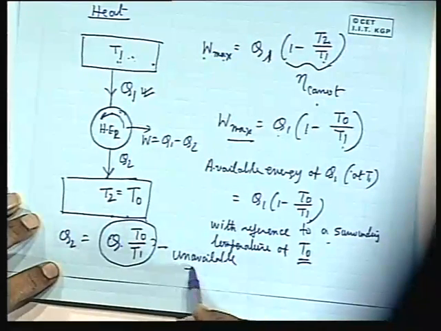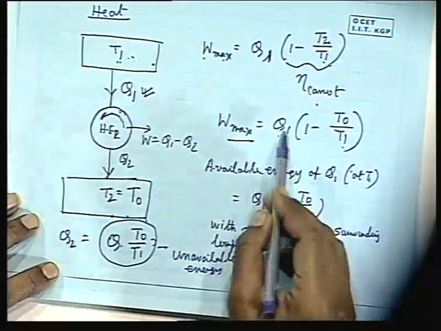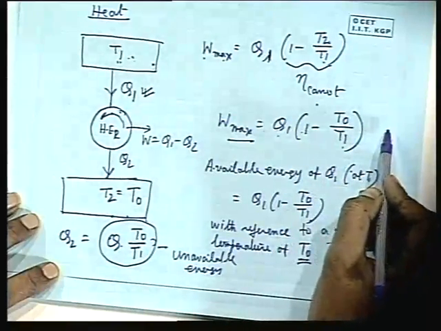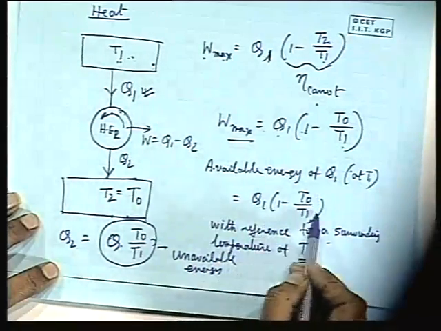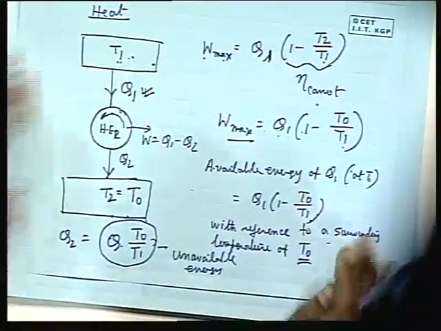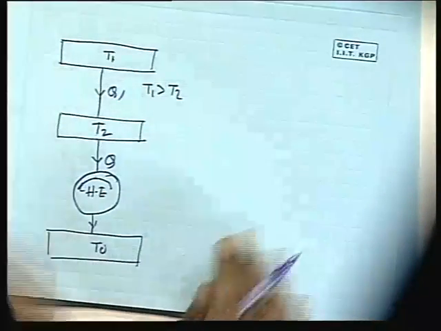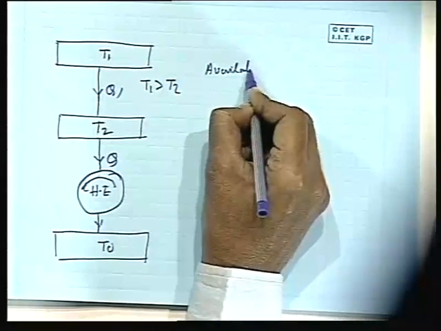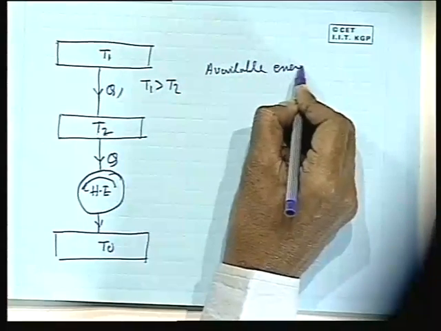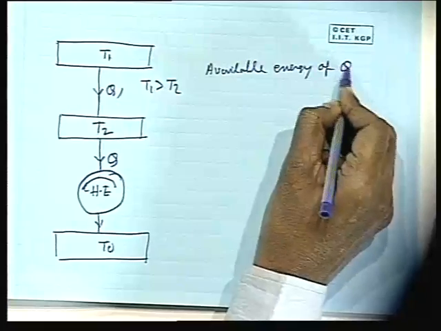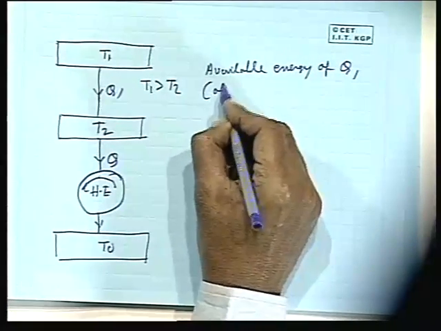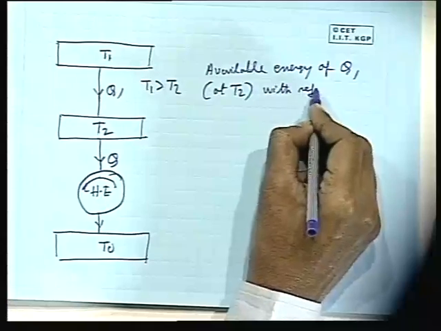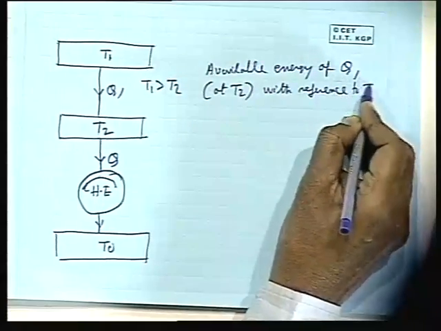So therefore you see Q1 comprises two parts: one is the available energy plus the unavailable energy. Now what is the available energy of Q1 at T2, with reference to T0?